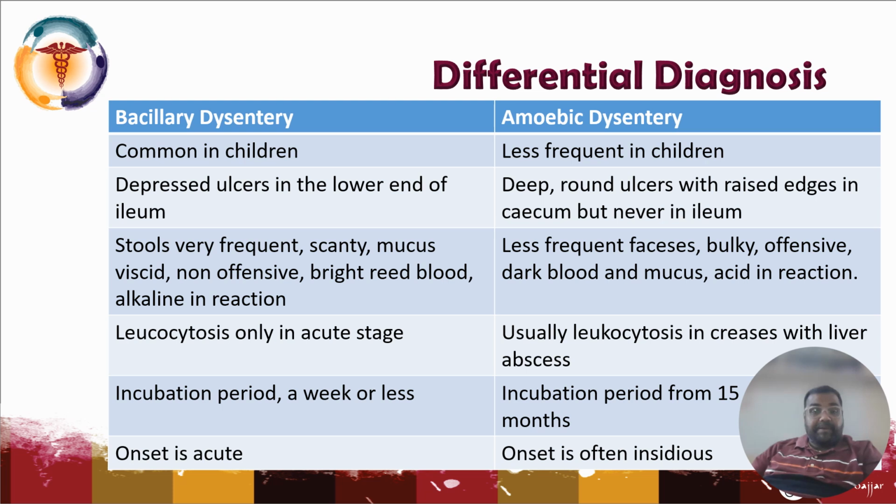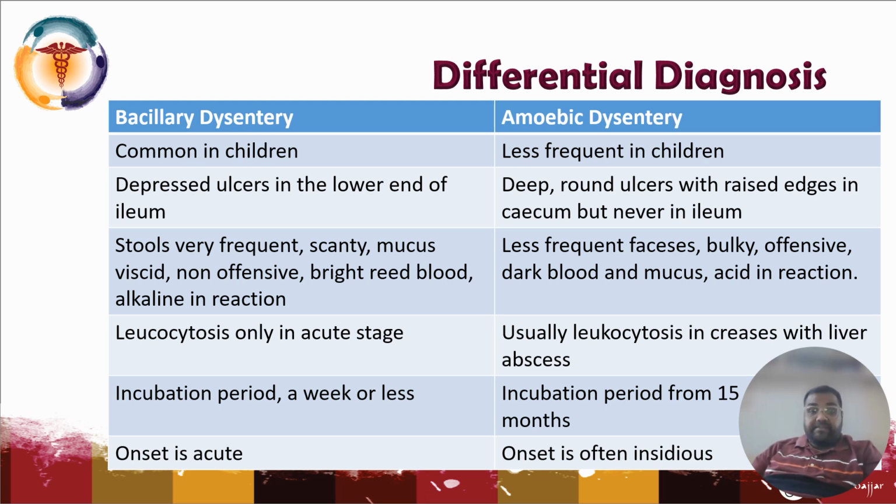Bacillary dysentery causes superficial ulcers in the lower end of the ileum. Amoebic dysentery causes deep round ulcers with raised edges in the cecum but never in the ileum. In bacillary dysentery, stools are very frequent, scanty, mucoid, viscid, non-offensive, with bright red blood, and alkaline in reaction.